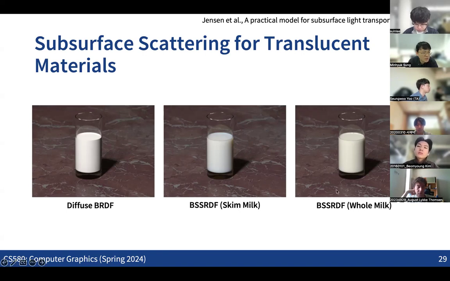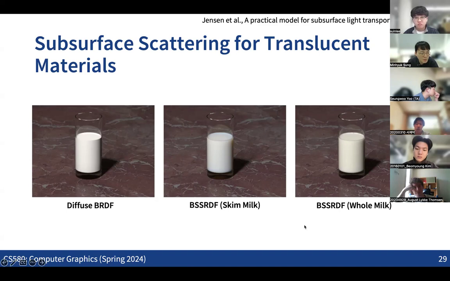These are different rendering outputs: when you just use the BRDF function for milk, versus when you also use surface scattering models like this, we see more realistic rendering outputs, which can model that the light can pass through under the surface and pop out from other points, right?